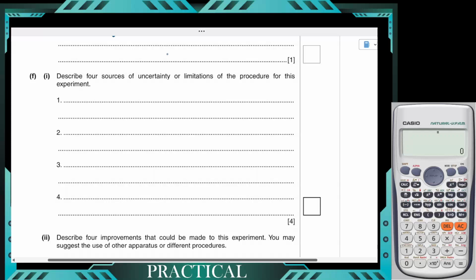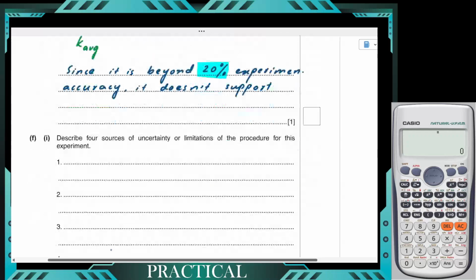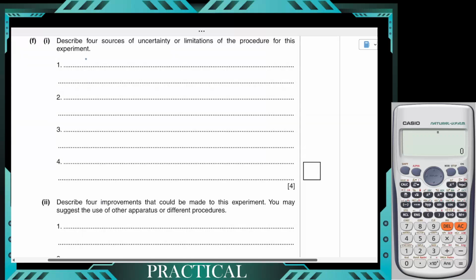And for the last one, describe 4 sources of uncertainty or limitation of the procedure for the experiment. You do have some of the standard sources of uncertainty which you can write pretty much with all the experiments. For example, the first source of uncertainty you can write is that 2 values of k are not enough to draw a valid conclusion.